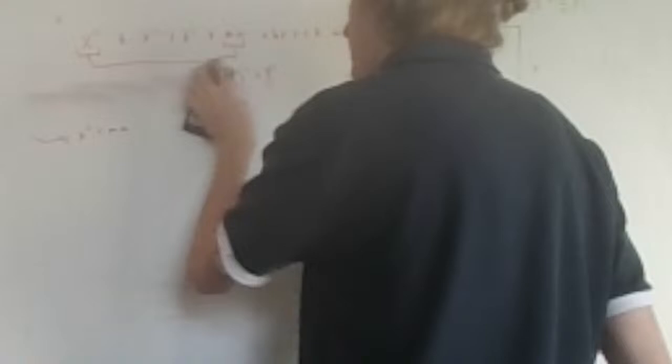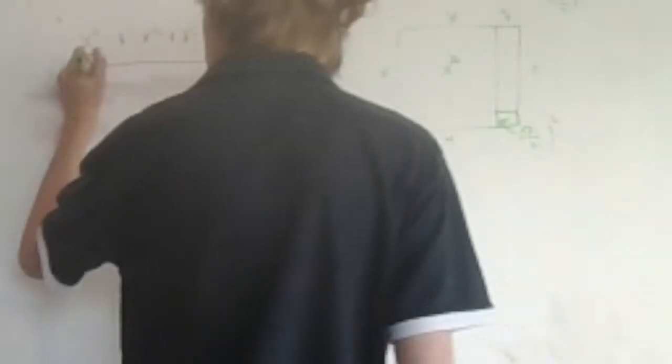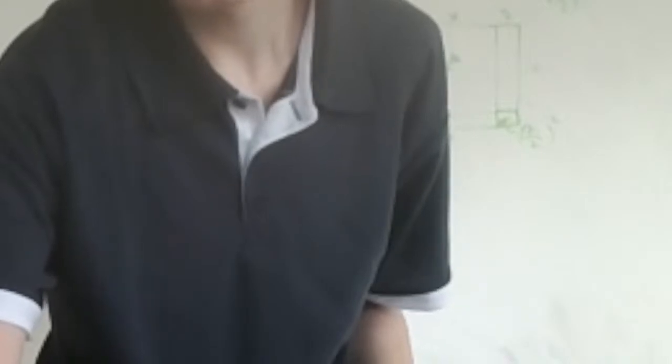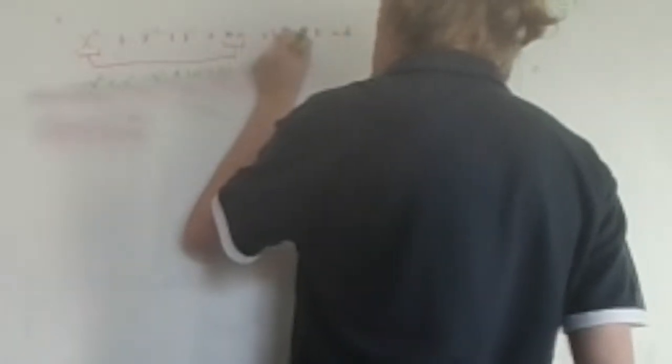So I'm gonna erase this part, and we're gonna say this is the one that they did in the test, so I can just affirm everything. x squared plus y squared plus z squared plus 2x minus 4y minus 6z is equal to 12.